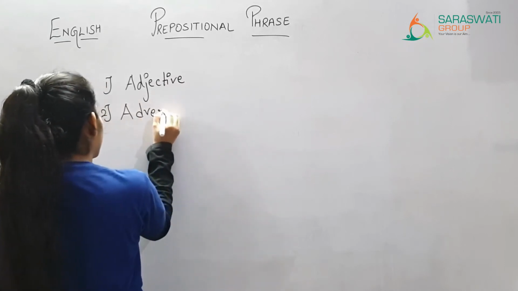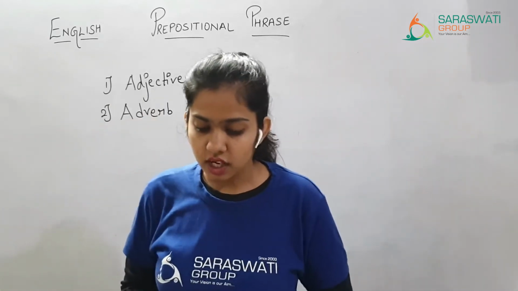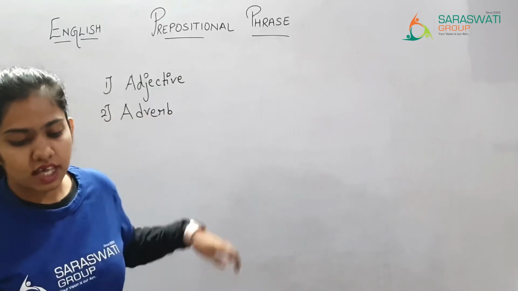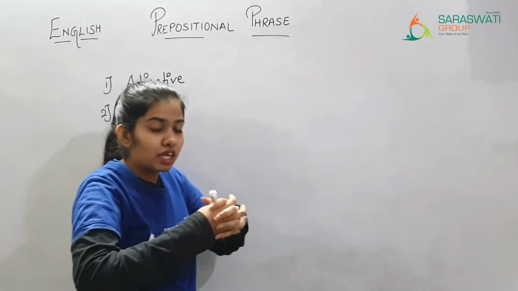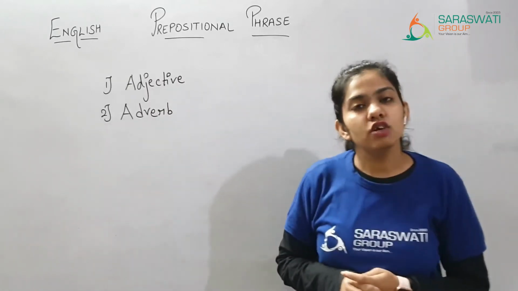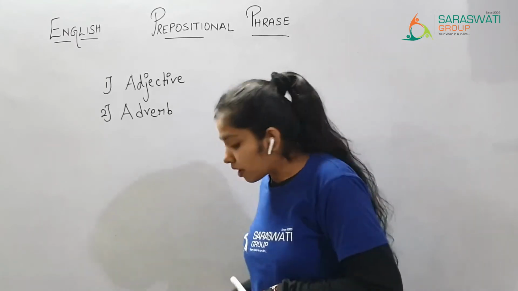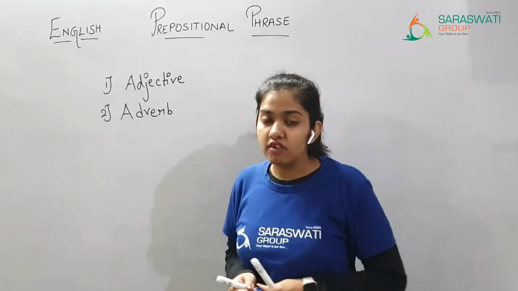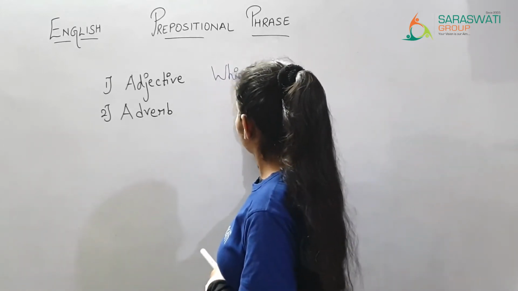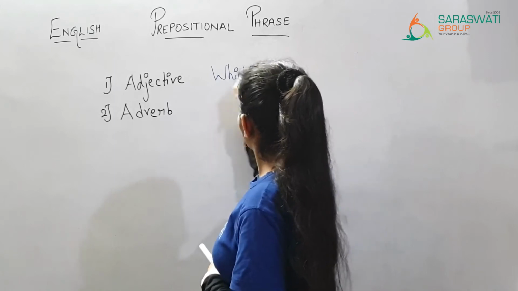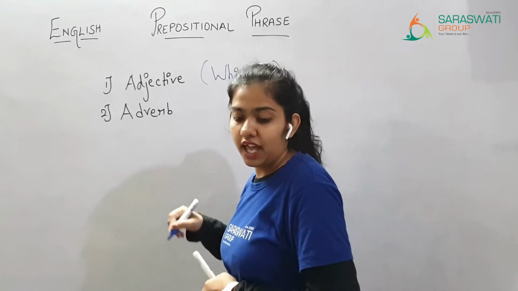Now if it is acting as an adjective, then you must answer the question; I taught you a trick that if you have no idea, you ask a question, right? So similarly here, you question it. You can question it with which one for the adjective, and for the adverb where, when and how.